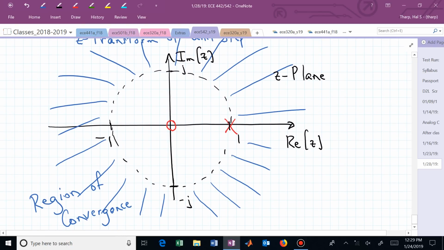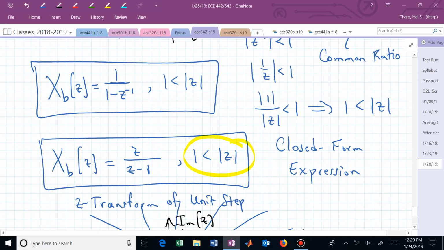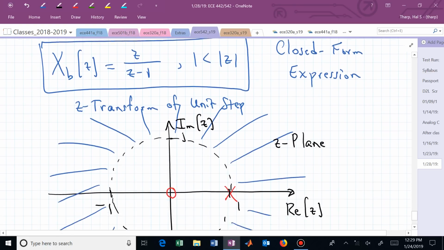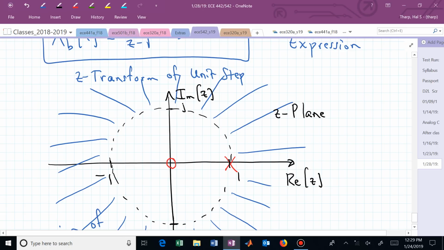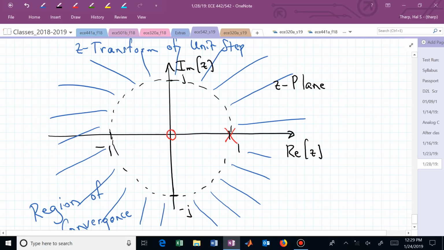So now for that unit step we can have this expression for its z transform. Again, we have to keep track of the region of convergence, which says that z lives outside of this magnitude 1 circle.